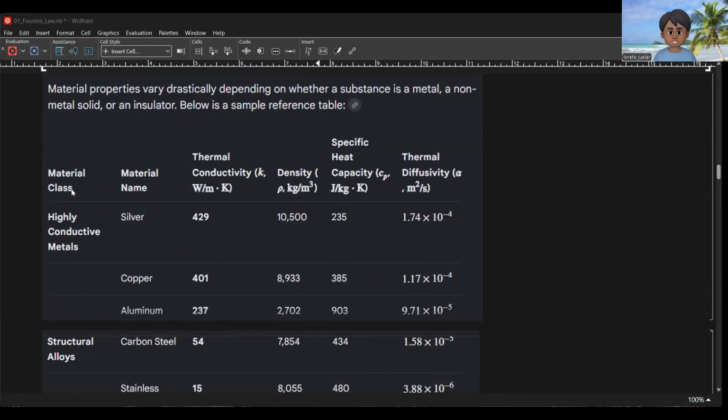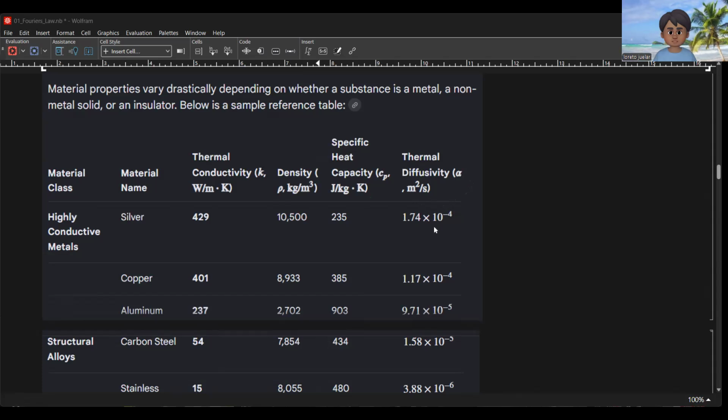For the material class, highly conductive materials, we have the material name silver, for example. The thermal conductivity is 429 watts per meter Kelvin. Then we have the density, 10,500. The specific heat capacity of silver is 235 joules per kilogram Kelvin. Then the thermal diffusivity, alpha, in meters squared per second, is 1.74 times 10 to the negative 4.